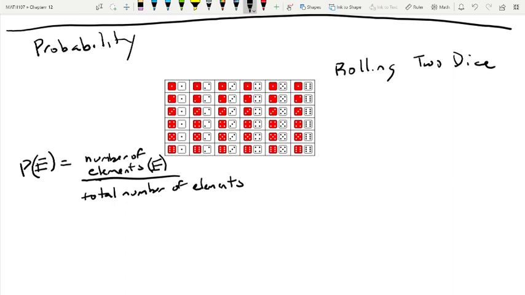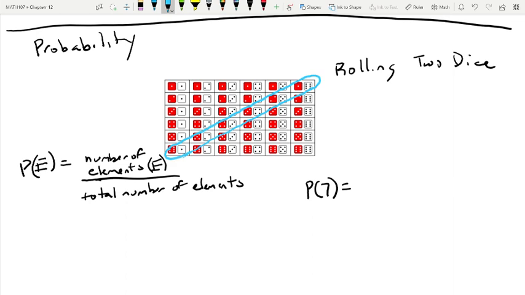I want to know what is the probability of rolling a 7 given 2 dice. The probability of rolling a 7 is given along this diagonal right in there.